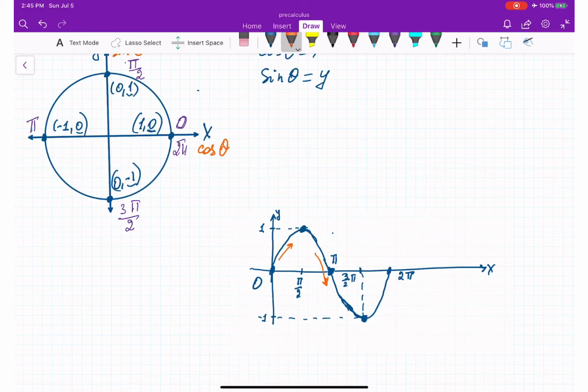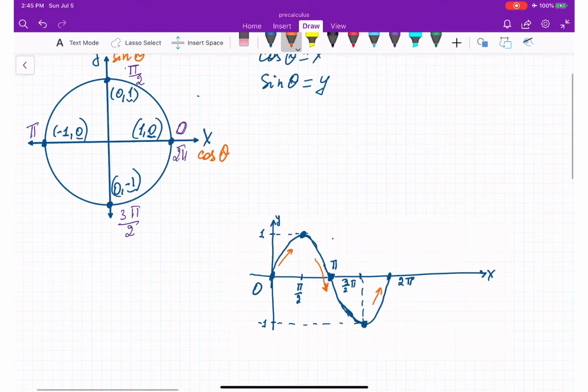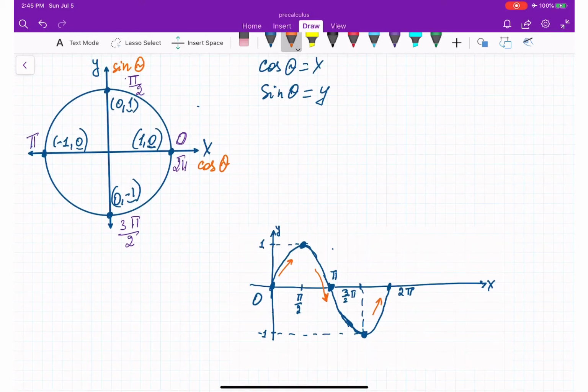And from 3 over 2 pi all the way to 2 pi, the graph is increasing. Since our unit circle is 2 pi, this 2 pi is going to be our period.